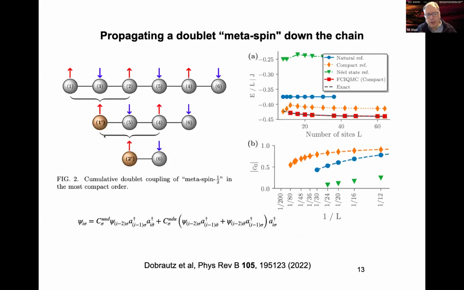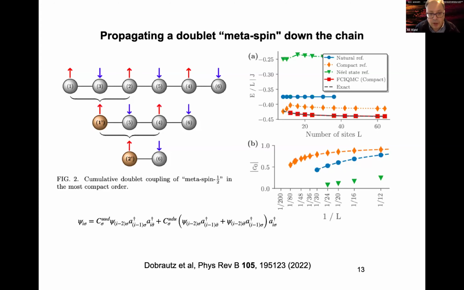So what is actually going on here is that this ordering that we find actually amounts to propagating a doublet metaspin down the chain, almost like a soliton. So you can see that if we spin couple the first three sites in the manner that we discovered with the 3-site problem, the 1, 3, 2 chain, we get another doublet.